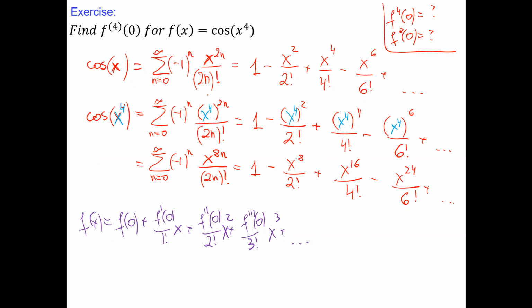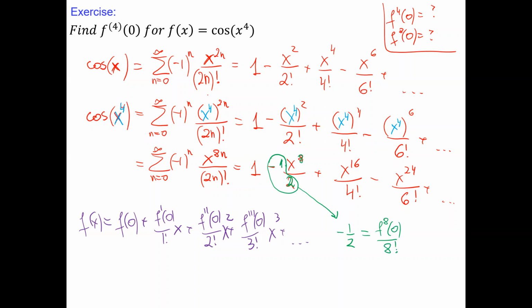When we have x to the power of 8, that coefficient is negative 1 over 2, because 2 factorial is 2, so it means negative 1/2. This is the coefficient of x to the power of 8. And the general coefficient of x to the power of 8 will be the 8th derivative at 0 over 8 factorial.